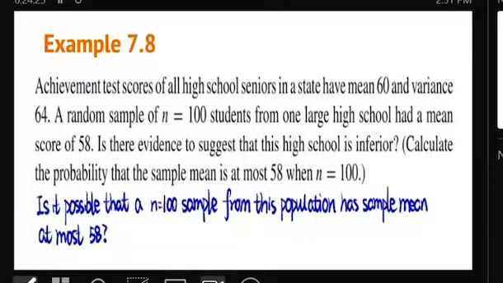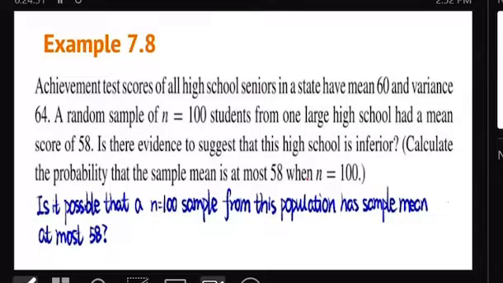Now, the question is, does that suggest that the high school is inferior, given that the mean is less than the population mean? Do you know another way we can say that? It is to see whether it is possible that that particular sample is from that population.